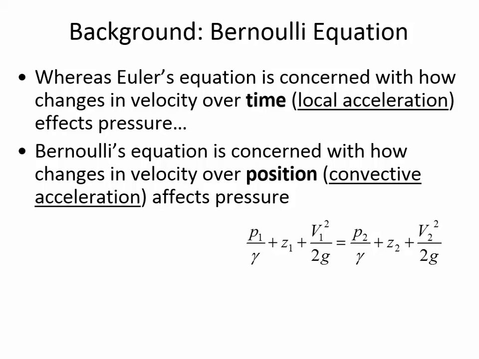Now later on when we get to chapter 7, we're going to start looking at empirical ways of accounting for frictional losses between 2 points. But here in Bernoulli's equation, what we're going to do is apply this equation in circumstances where hopefully the energy losses are relatively low, so that then this equation is pretty accurate if there's relatively small energy losses between 2 points.